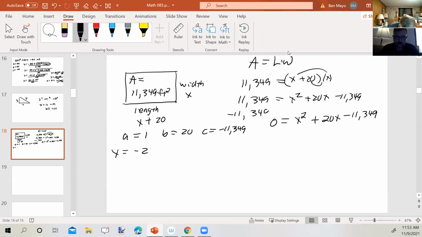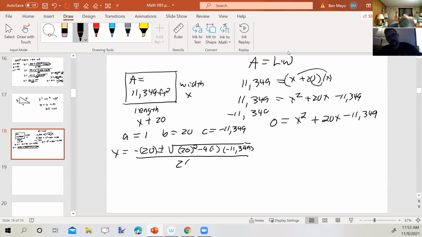X equals negative B plus or minus the square root of B squared minus 4AC all over 2A. X equals negative 20 plus or minus the square root of 400.